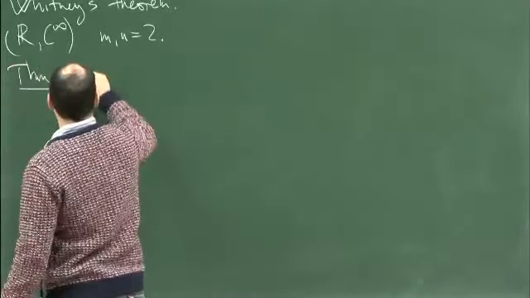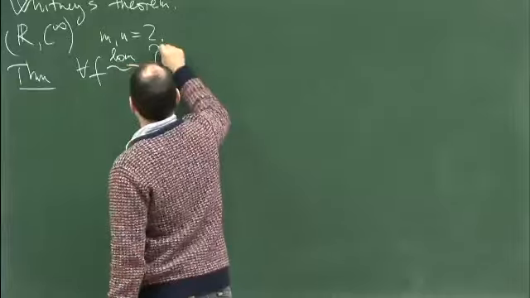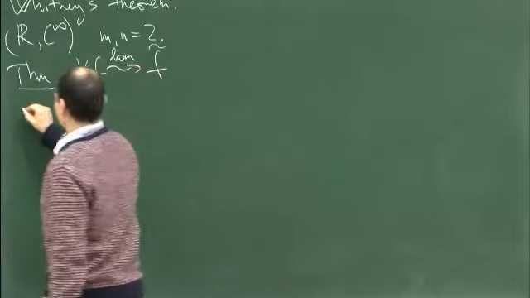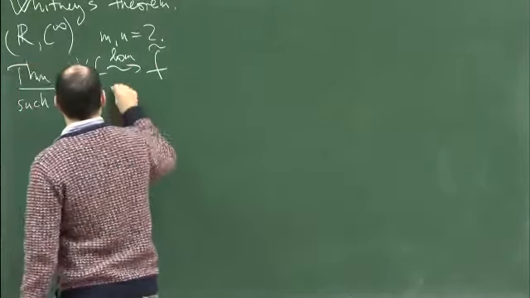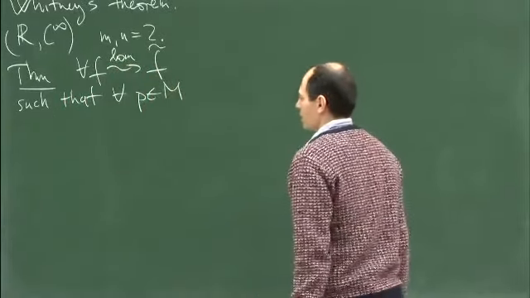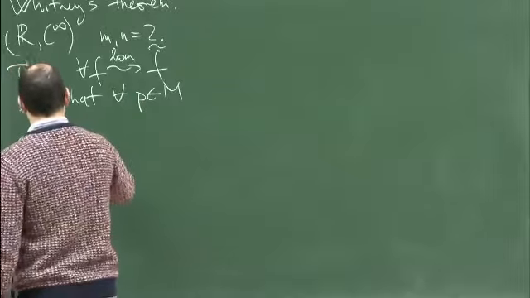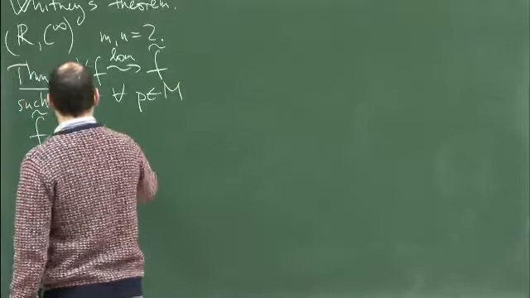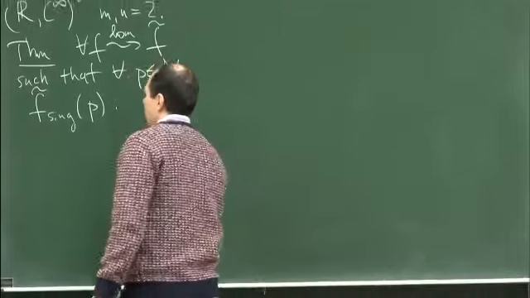So the same thing, for any f, there is a deformation into f tilde such that for every point in M, the corresponding singularity class, f sing tilde p, is one of the three cases.